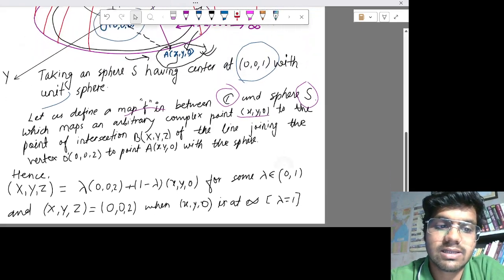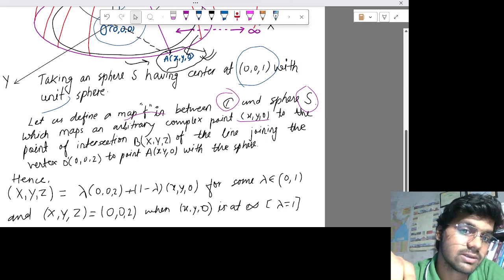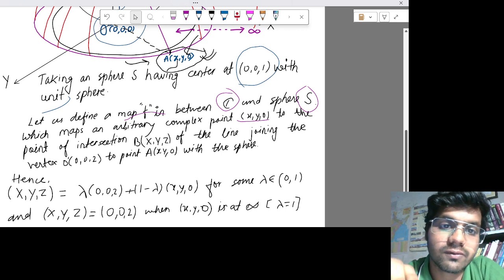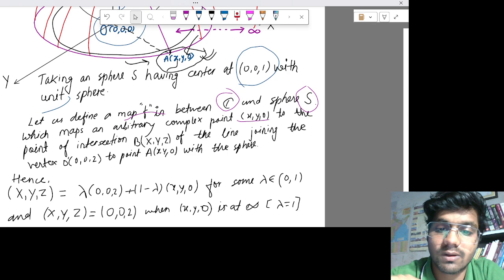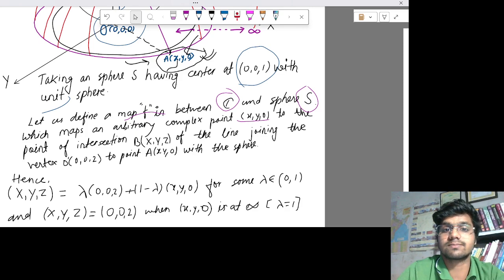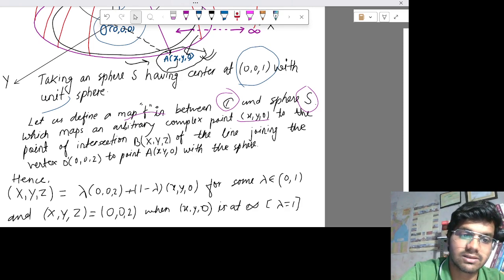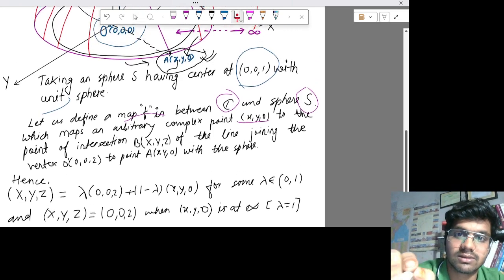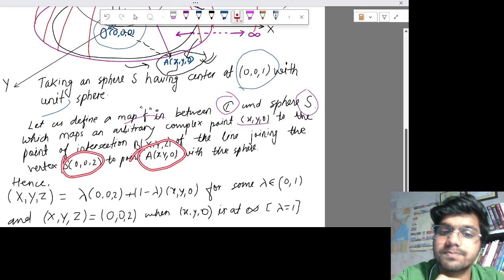The point will be on the intersection of the sphere and the line joining the vertex O and the point A.